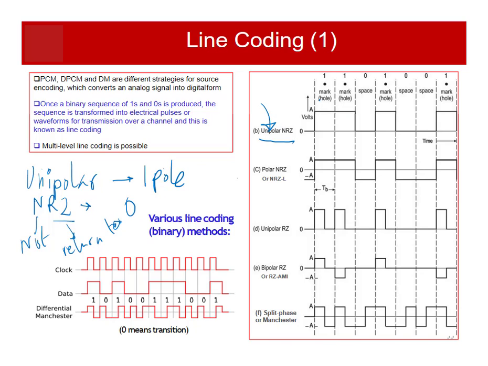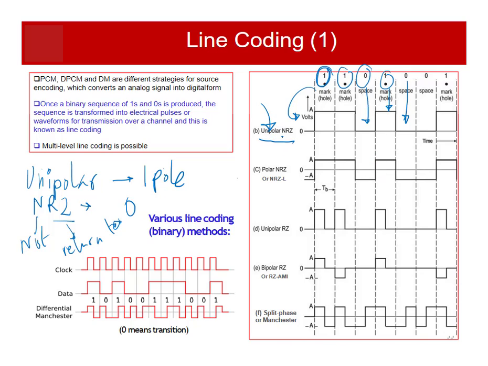Let's look at the scheme to get a better understanding. For 1, we have a high amplitude level, let's say A volt. Your A can be 1 volt or 5 volt depending on the signal. So the 1 is encoded with some high volt. Again 1 is encoded with a high volt. When it is 0, it has 0 amplitude. Again when it is 1, it has high amplitude. 0 again has 0 amplitude.